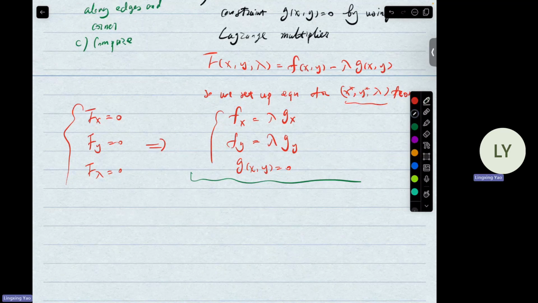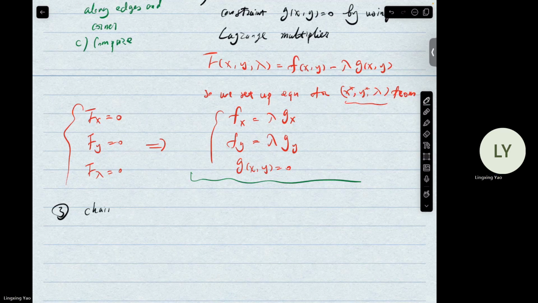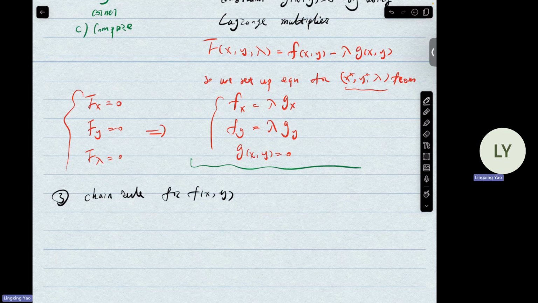So before this optimization, we were also talking about the chain rule for functions of multiple variables. For the simple one, we can have some examples.